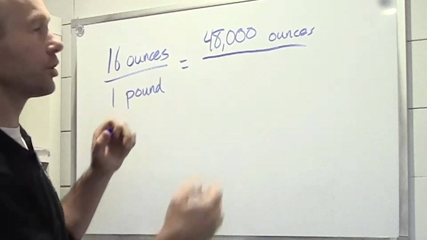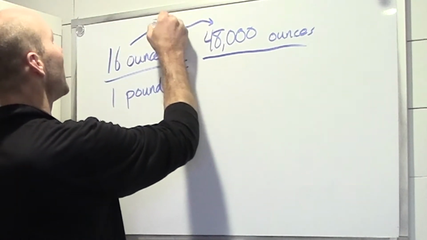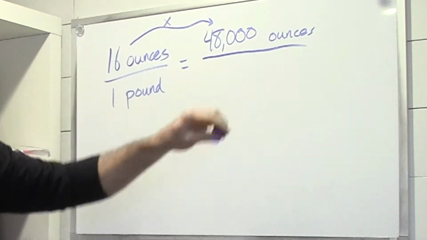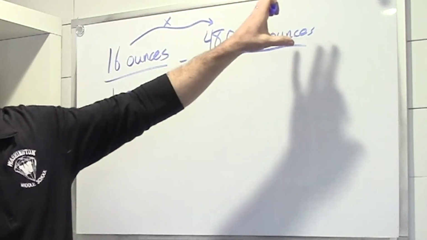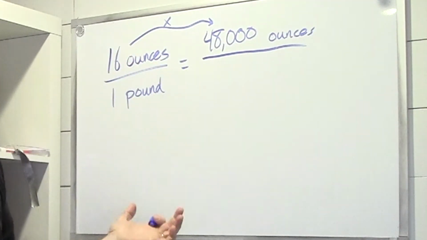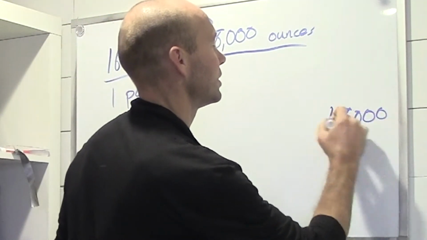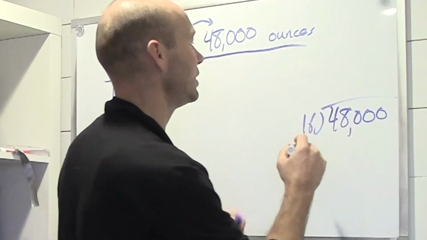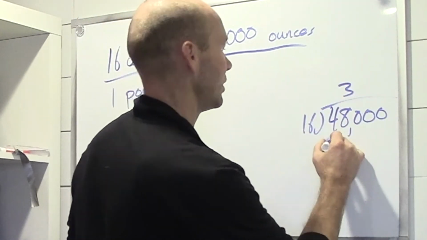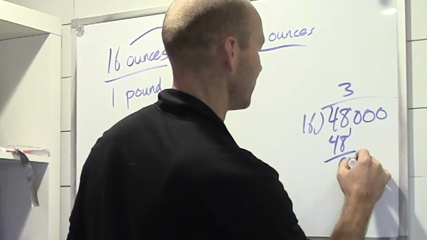Well, what do I need to multiply 16 by? 16 times what equals 48,000? Another way to say 16 times what is 48,000 is to divide 48,000 by 16. I'm going to get the same answer. 48,000 divided by 16: 3 times 16 is 48, 0, bring down my 0.